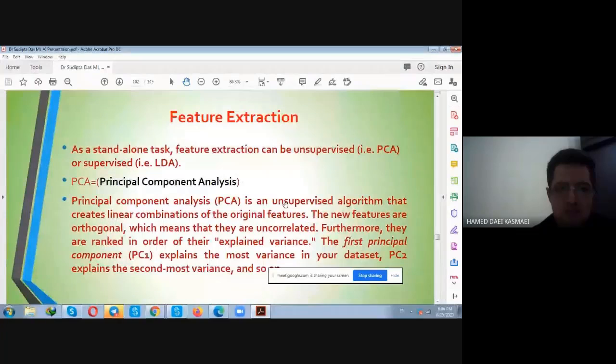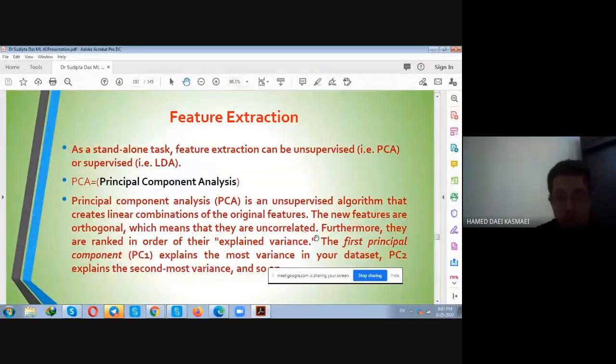As a standalone task, feature extraction can be unsupervised like PCA or supervised like LDA. PCA is principal component analysis, again an unsupervised algorithm that creates linear combinations of original features. The new features are orthogonal, which means that they are uncorrelated.